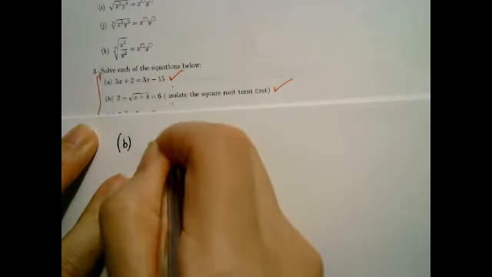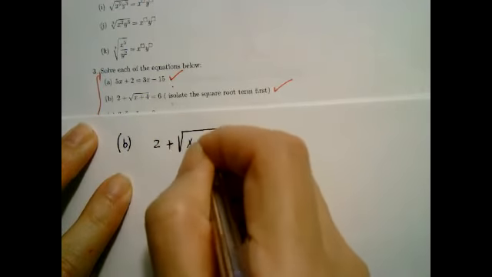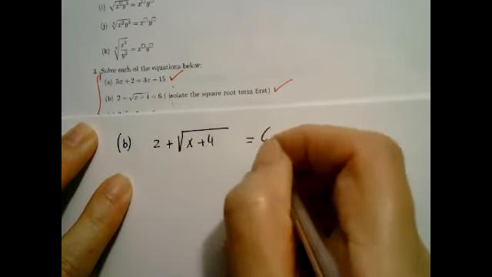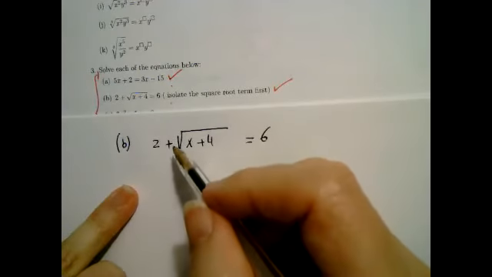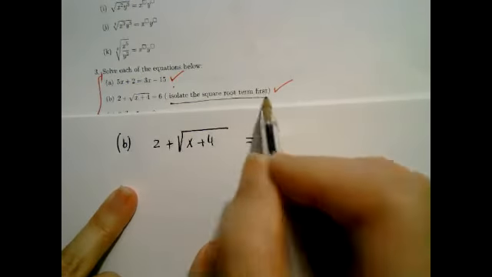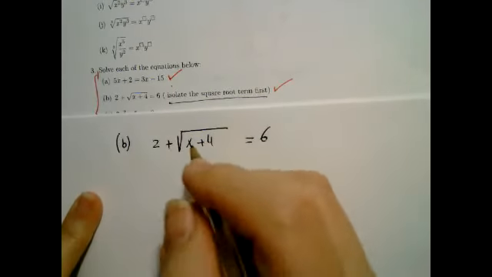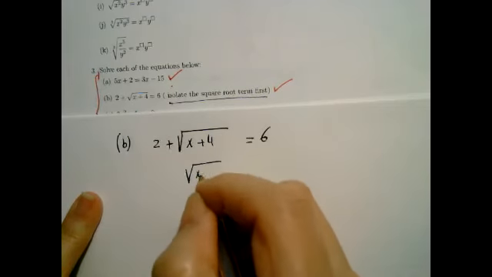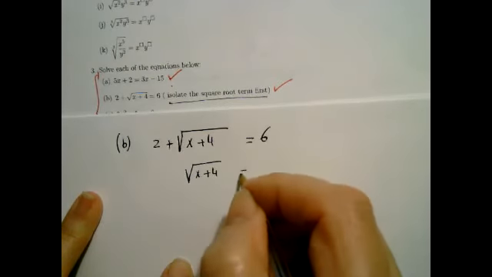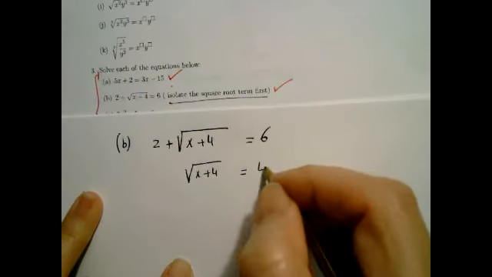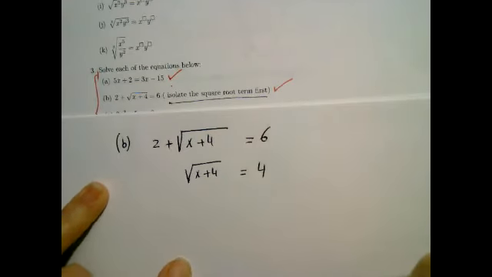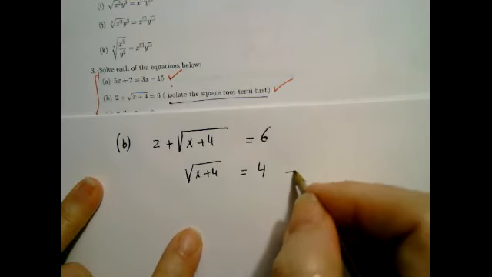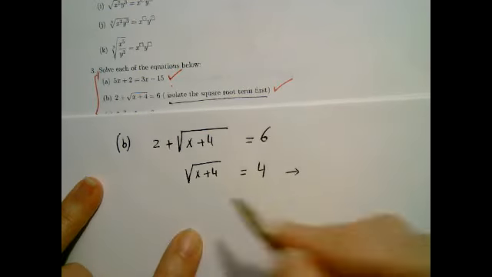Okay, 2 plus the square root of x plus 4, equal to 6, solve for x. And here I gave you a hint. You should isolate the square root term. So to isolate it, I have to take away 2 from both sides, which gives me 4. Now how do we solve something like that? Of course, the square root bothers everybody.